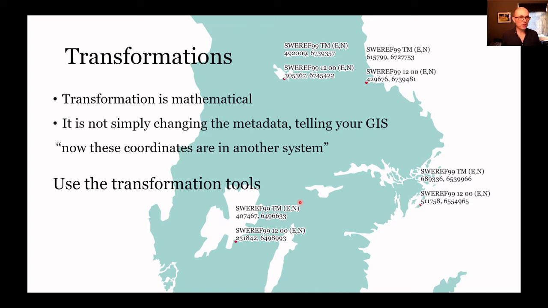Just as a quick example here, we can see we've got various points and they're all in SBG051, but the coordinates here are in TM and the ones underneath are in this 12. The central meridian is at 12. And we can see that they differ. It's the same location in these 4 instances, but the coordinates in the 2 different systems vary.